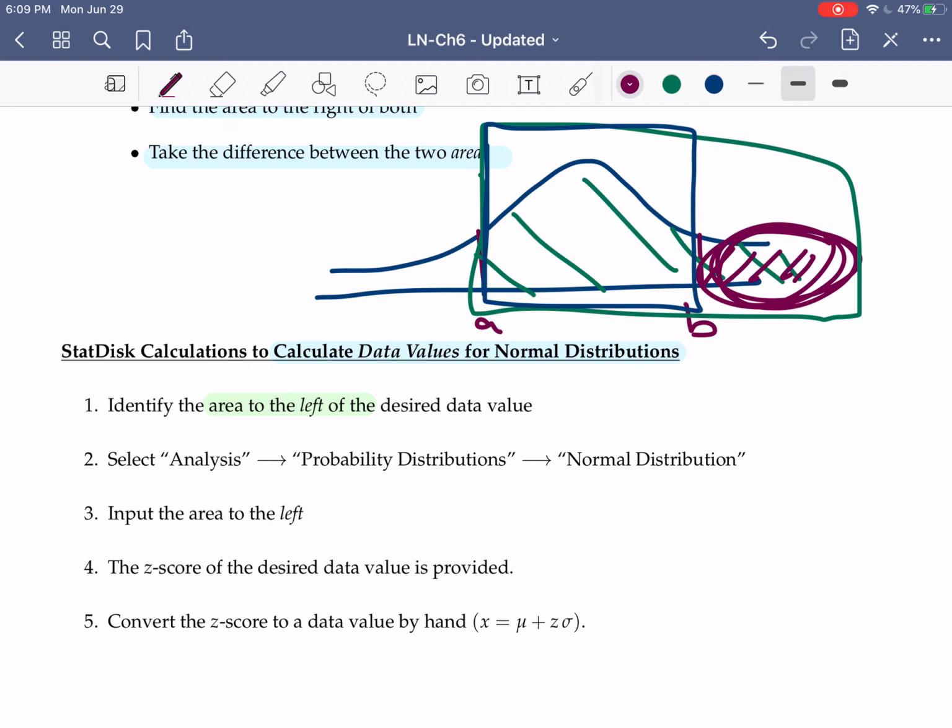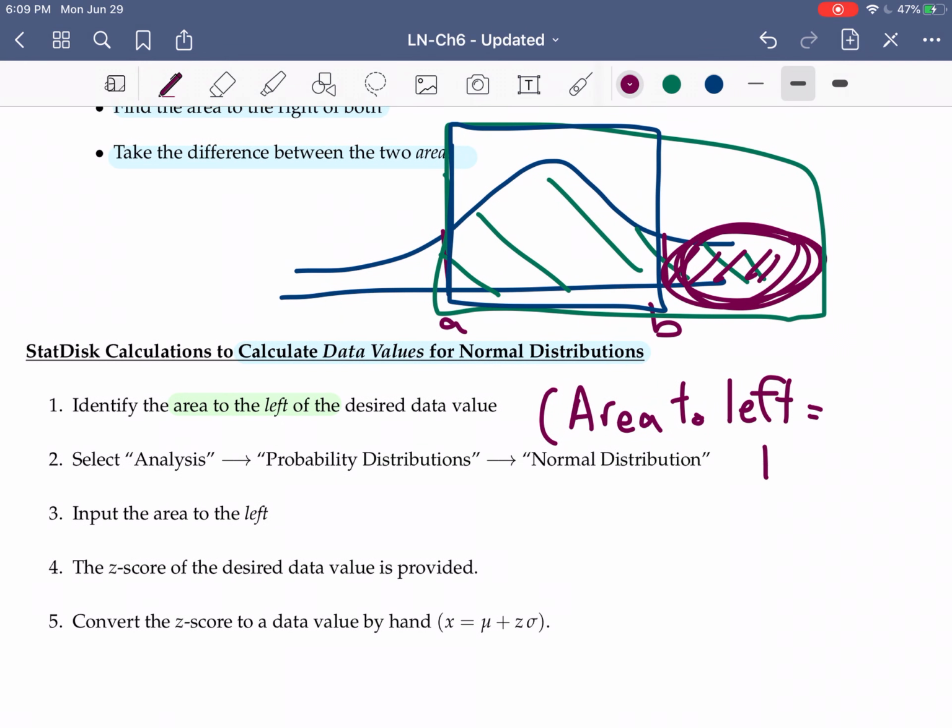StatDisk will take as an input the area to the left. If you know the area to the right, remember the area to the left is going to be 1 minus the area to the right. The total area under the curve is equal to 1, so whatever's to the right is going to be 1 minus whatever's to the left, or vice versa.